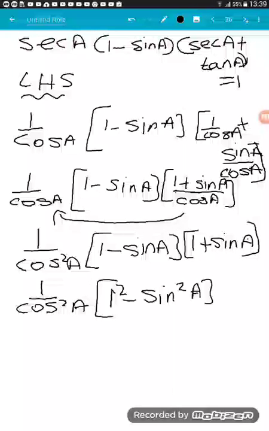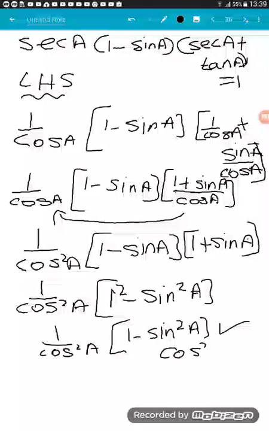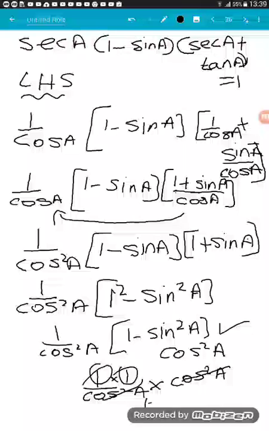That is 1 by cos square a into 1 minus sin square a, and we know that 1 minus sin square a is nothing but cos square a. So we will write it as 1 by cos square a into cos square a will give you 1, that is 1 into 1 is nothing but 1 only. So we can say that LHS equal to RHS.